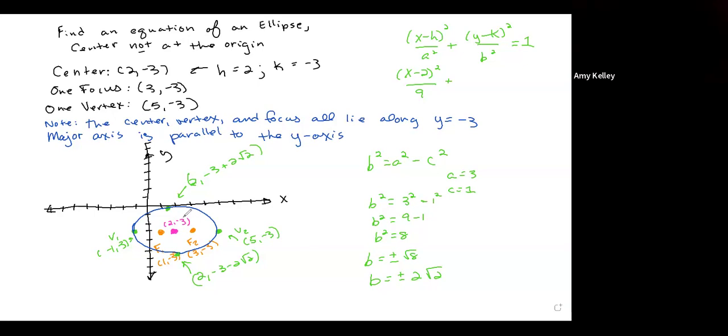Now recall that k is negative 3. So y minus negative 3 is y plus 3 squared over b squared, and that's 8, equals 1. So we have our equation, and we have our graph. This concludes our example. I hope you found it helpful.